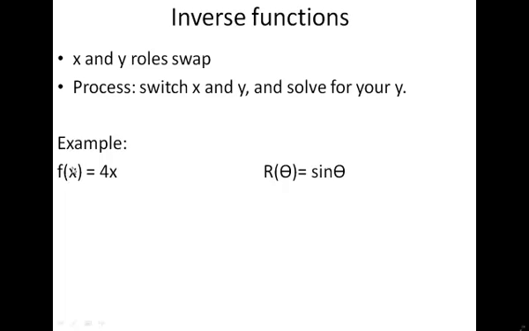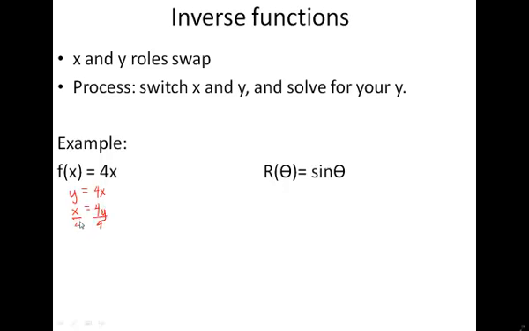Don't forget, this is just a notation that it is an equation where for every input there is only one output. But overall it's just an equation, so I'm going to label it like this for now. Then we would switch those roles and solve for our y.